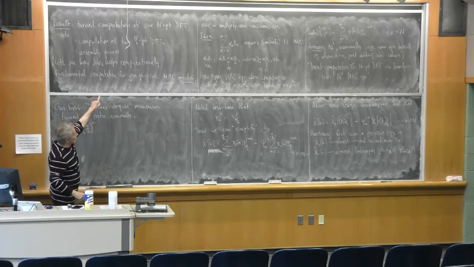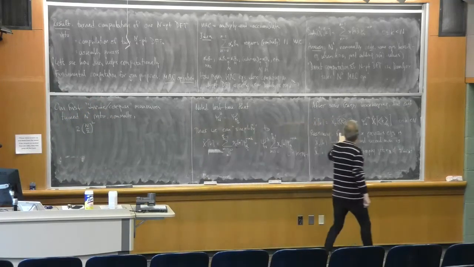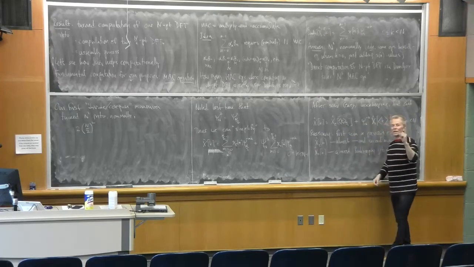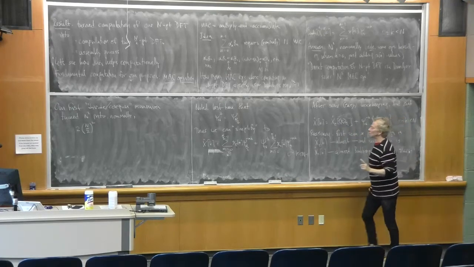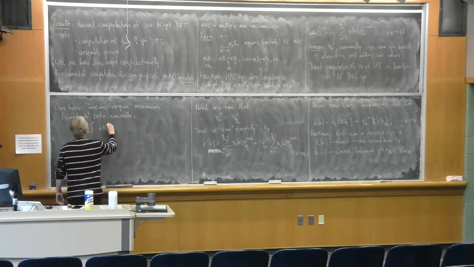But there's also the assembly process. What is the assembly process? For each k, you have to take xe hat of k mod n/2, xo hat of k mod n/2, multiply the second term by this, and add them together. That's one MAC op. Plus n.